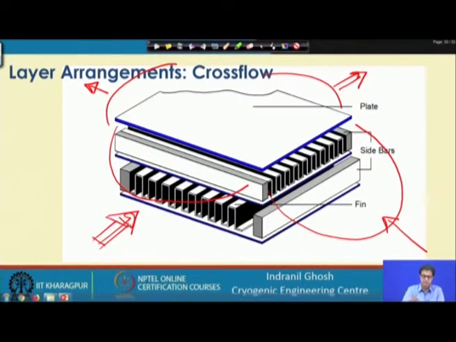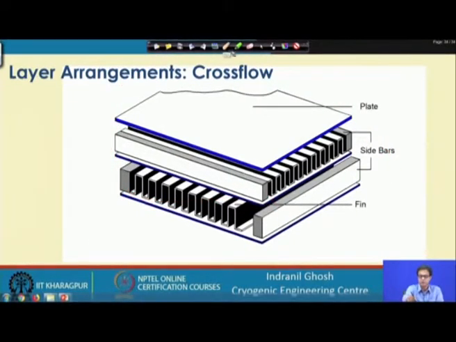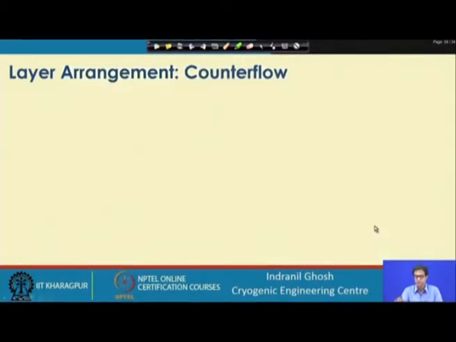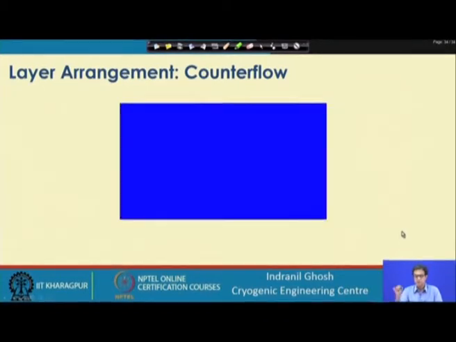So, this is possible in a cross flow exchanger, but in case of a counter current exchanger, the geometry is a bit different. So, what do we do in counter current exchanger? We first put, say, imagine this is the cap sheet of one end, and this is blue in color.